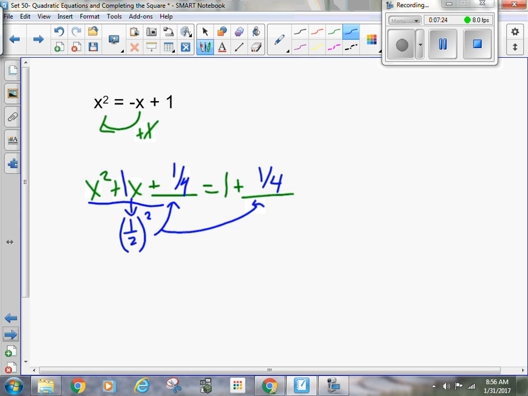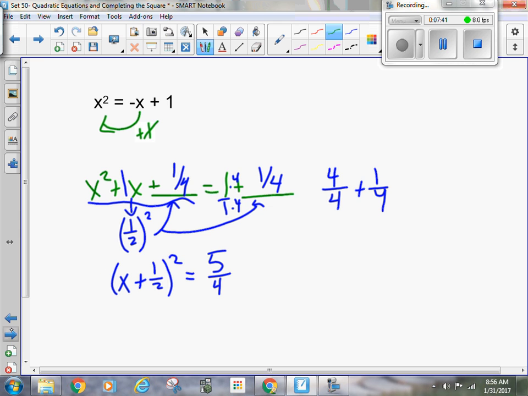So all this here factors into x plus 1/2 squared equals, okay, this is over 1, so times both sides by 4. 4 over 4 plus 1/4, so we get 5/4. All right, we're going to square root both sides.